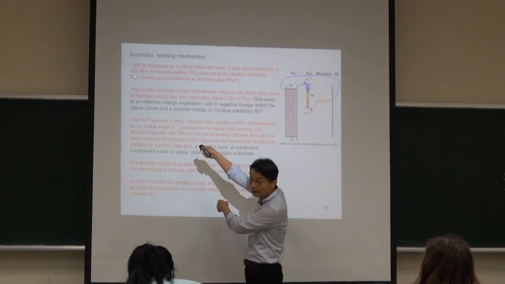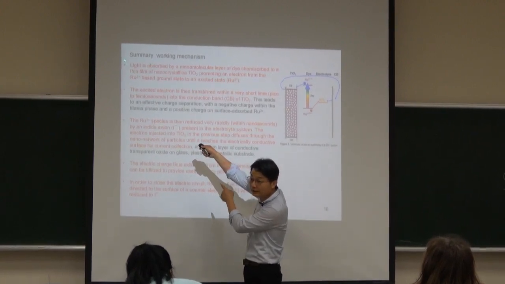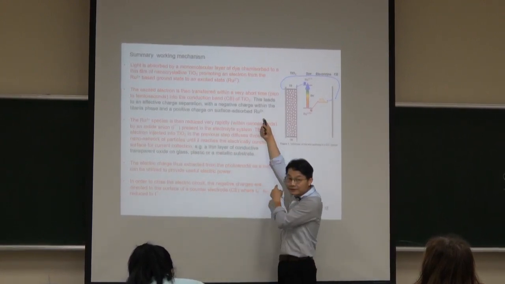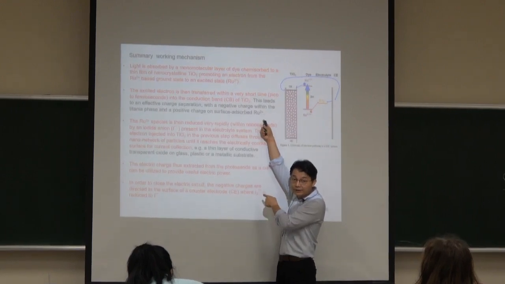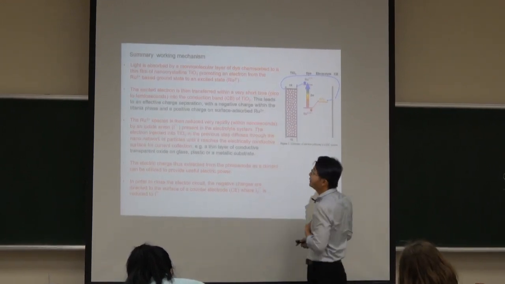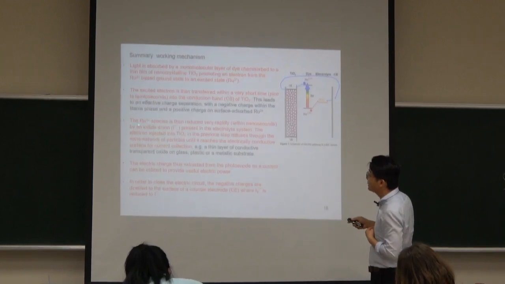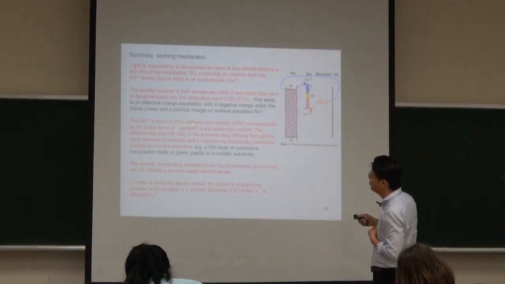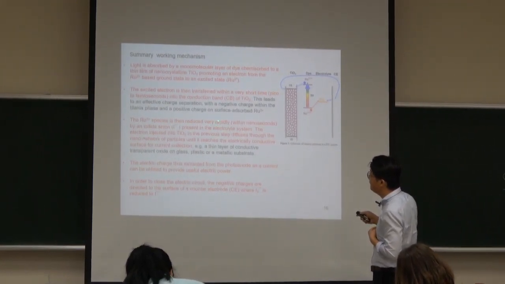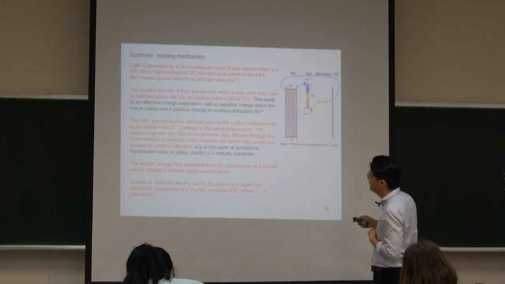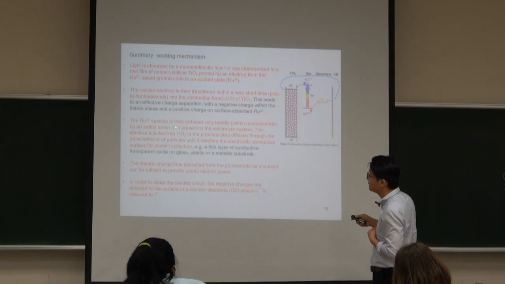This is 2+. Okay, 2+ is a reduced state. So Ru3+ is then reduced very rapidly, within nanoseconds, by receiving electrons from iodide, I-.